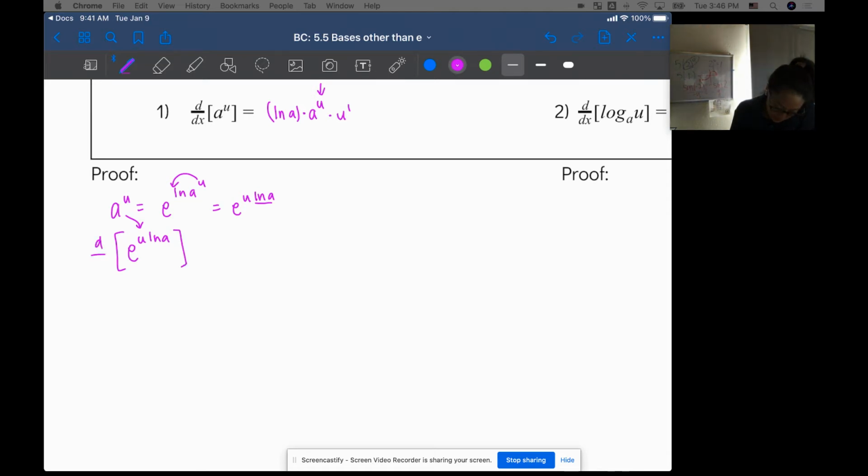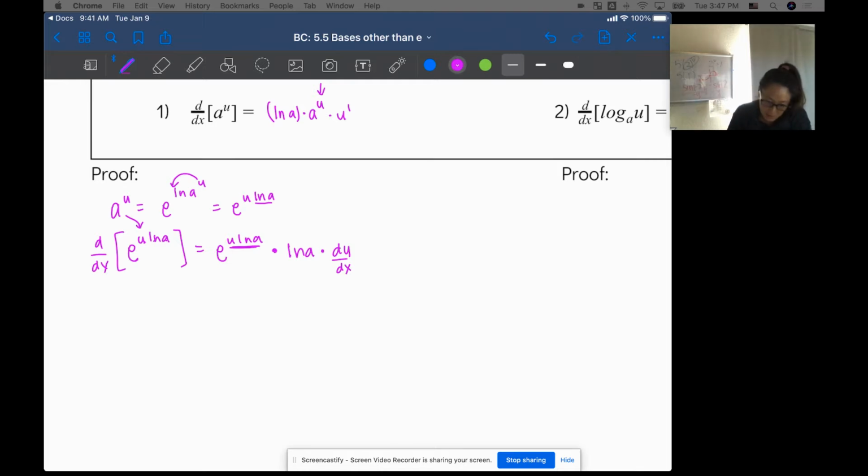Okay, so I'm going to take d dx of this. Now, what I am saying is that this is equal to e to the u times ln of a, times, because it's e to the u ln a, it's equal to itself times the derivative of the inside. Remember that the inside, ln of a, is just a constant, so it's times ln of a times the derivative of u, du dx.